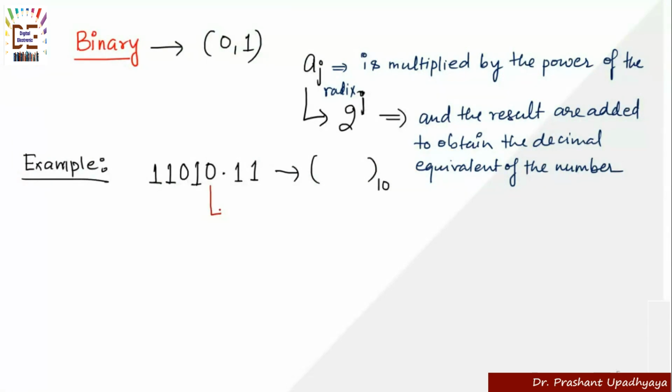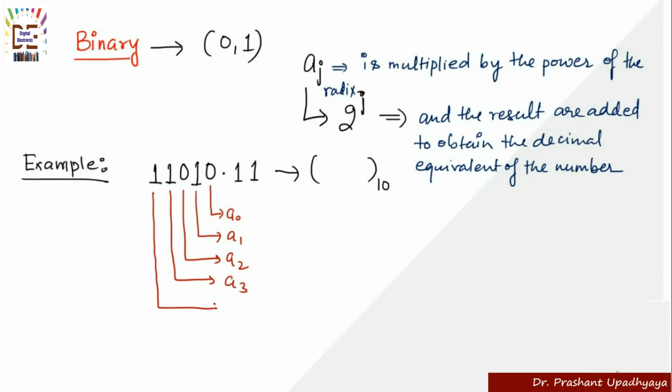Let's say this is your a0, this is your a1, this is your a2, this is your a3, and this is your a4. I have to multiply a0 with 2 raised to power j, where the j value is 0. So I have to multiply with 2 raised to power 0, 2 raised to power 1, 2 raised to power 2, 2 raised to power 3, and power 4. What is the value of a0? The a0 coefficient value is 0.